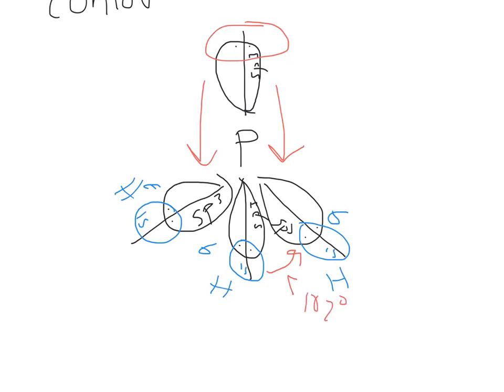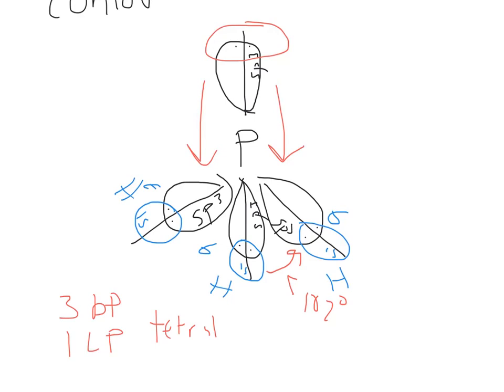So we see that we have the 3 bonding pairs as well as 1 lone pair, giving us that tetrahedral electron shape.